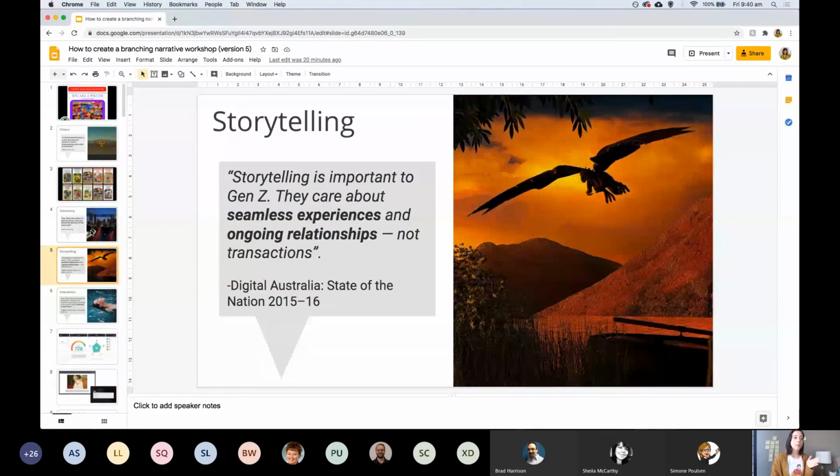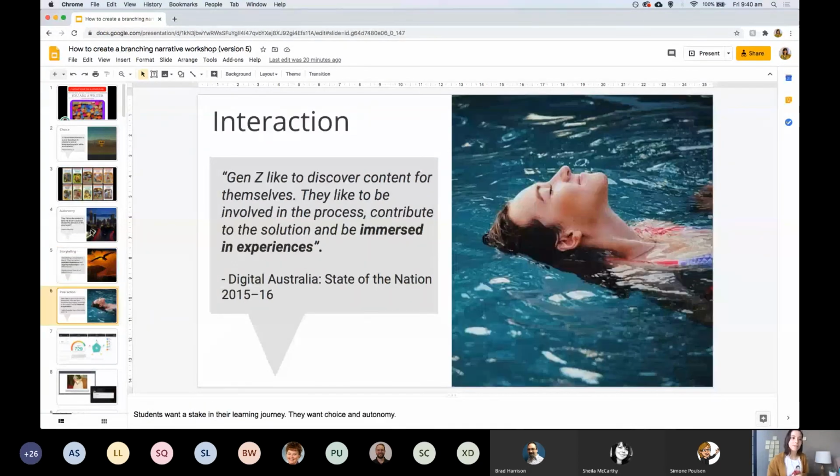They want to be a part of the experience, and they like to discover content for themselves and be immersed in experiences. So really, choice-based narratives or choose your own adventure narratives, whatever you want to call them, allow for autonomy, and they allow students to create empathy, and it's all about relating to other characters. So you might be living through an experience, all that wonderful stuff.